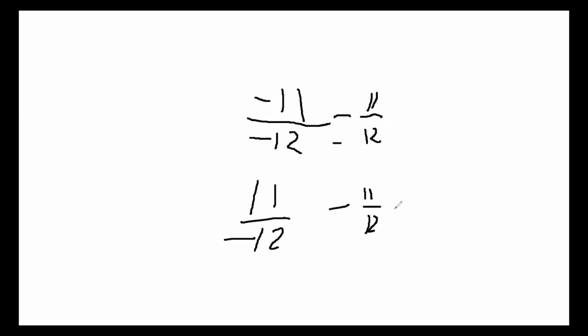Okay? So that's how they do it. The test makers try to trick you into that, where in the end, they might have a negative up top, or a negative down at the bottom, or they might have it both. If they have a negative at the top and the bottom, here, I'll do an example problem.